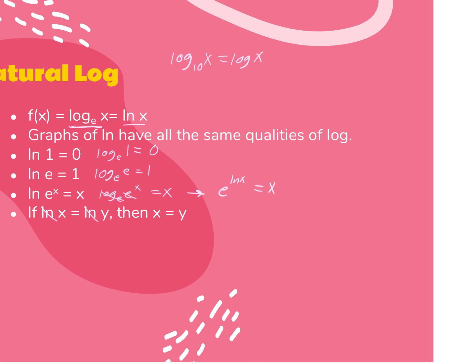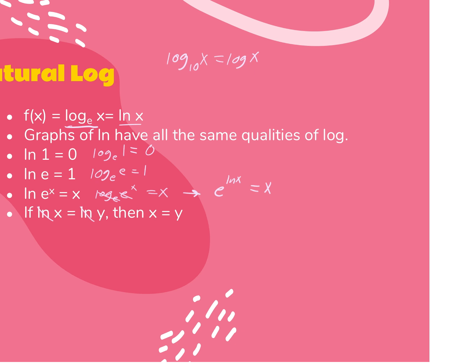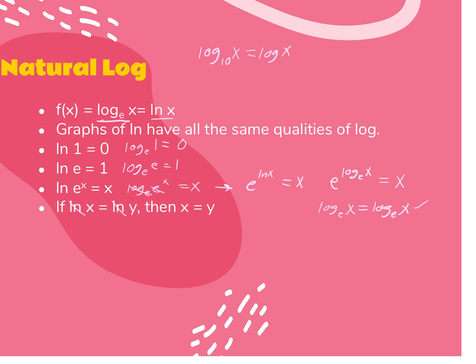Because just like before, e to the log base e of x equals x, if you write it in logarithmic form, you get log base e of x equals log base e of x, and that is true.